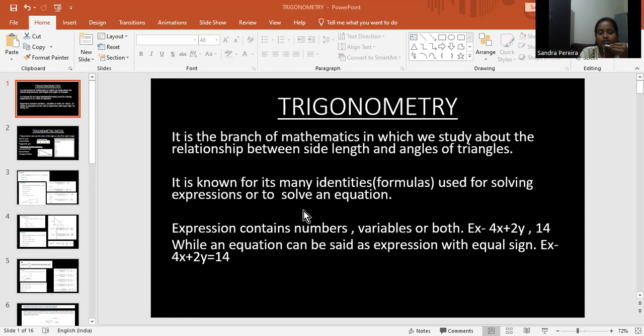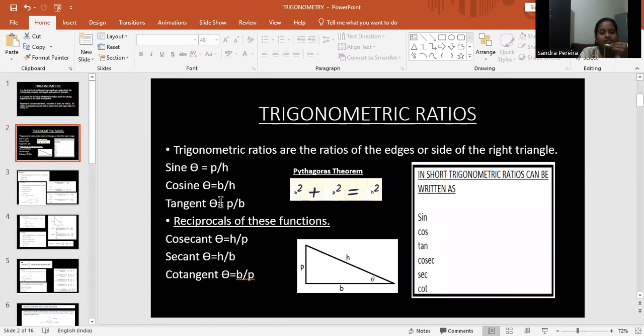Now we will go to some questions. In trigonometry, the main important thing is trigonometric ratios. As the name is given, trigonometric ratios. Ratios means what? Means having numerator and denominator, that is the fraction.